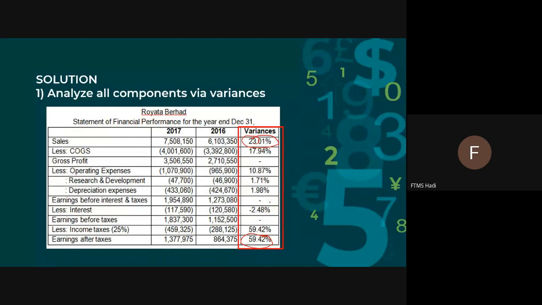But if it is bad, you need to look at the cost. I repeat again: if this company performs better, you need to look at the sales. But if this one is negative, that means it performed badly, you need to look at the cost. Which cost leads towards the poor performance?